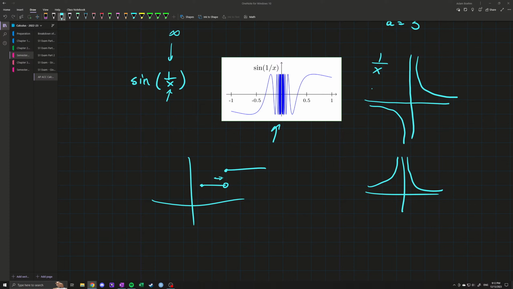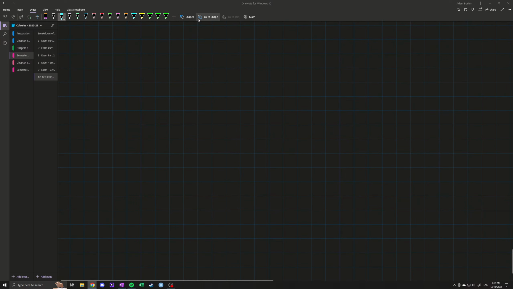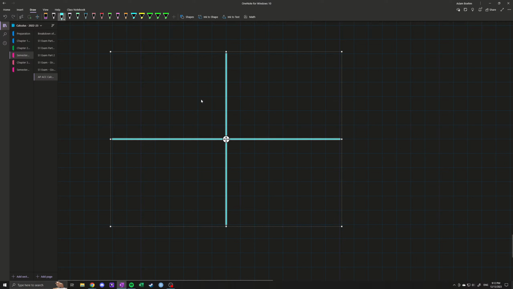Yes, your example for the limit is correct. If f of 2 is 1 and the limit as x approaches 2 is 4, would that be a jump? Well, not really. I would consider that a removable discontinuity.